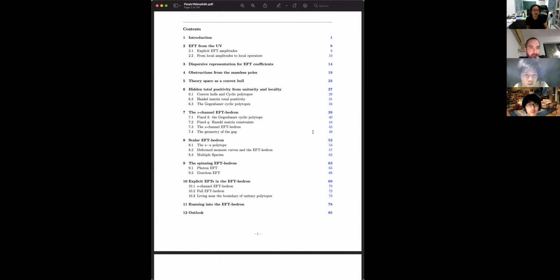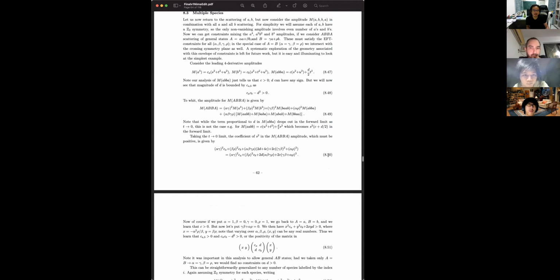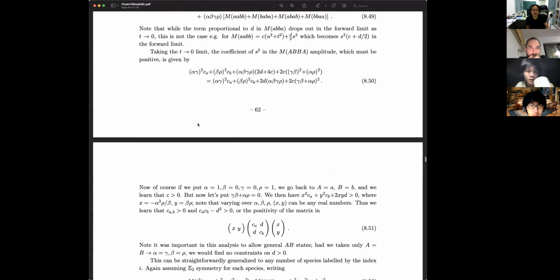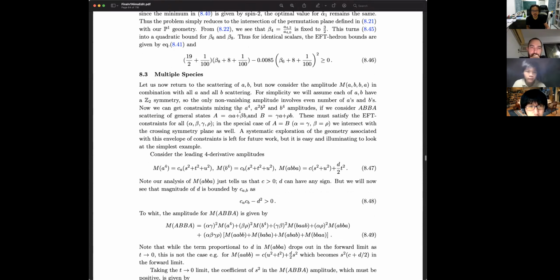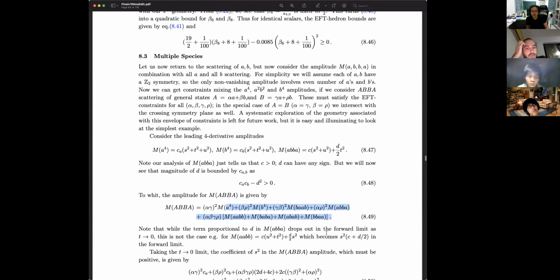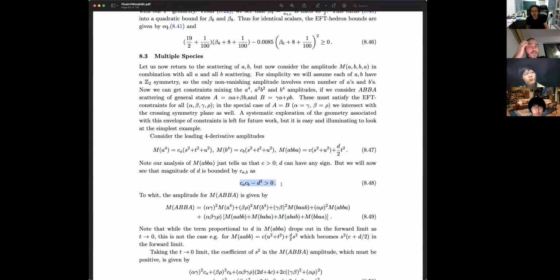So multiple species here. This was just a trivial superposition of states. We assume that there's only A4, A squared, B squared, and B4. So the amplitude that we've written here is exactly the same set of amplitudes that we're working with. And then somehow we can derive this bound where Dewey couldn't derive it from SDP.